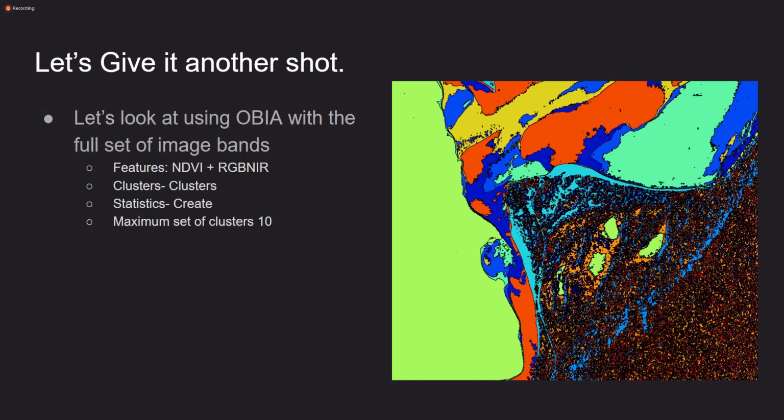But even just looking at the water class, you can see that the segmentation and classification didn't do a very good job at pulling out all of that variation in water. So we have this open water, or it was really dark water, and then we have 3 dark water areas in the swamp. But then we see this mixture of kind of the orange, this dark orange, and then a lighter orange.